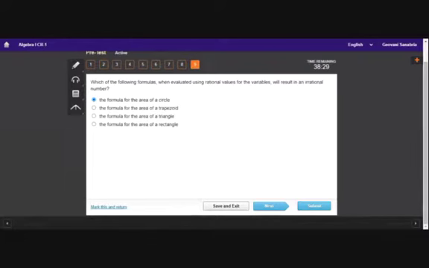So even if you use a rational number for r, evaluated using rational values for the variables, you're multiplying it by pi, and that always just makes it irrational. Oh, okay.